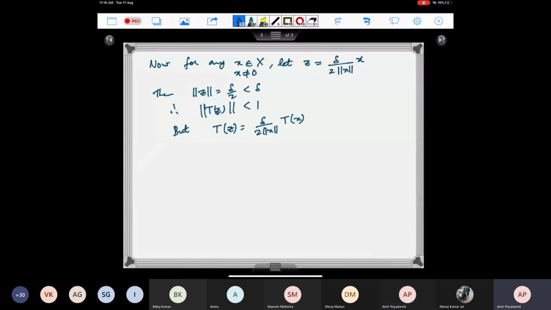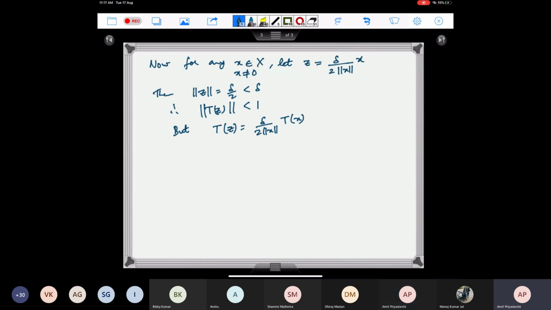So I choose z to be equal to delta by 2 norm x times x for any non-zero x. So the norm of z is delta by 2, which is less than delta. Therefore, we know that the norm of Tz has to be less than 1. But Tz, because T is linear, is this scalar times T of x.